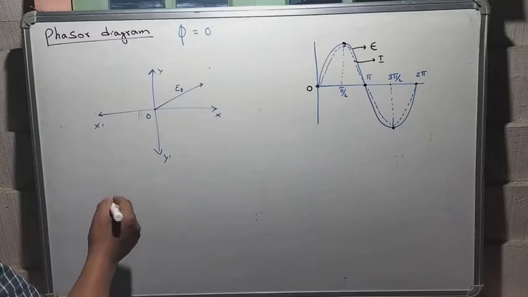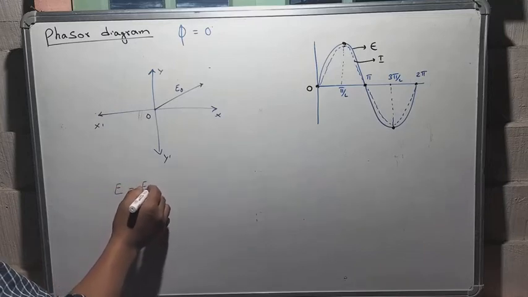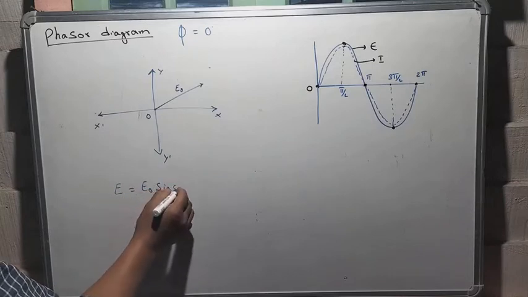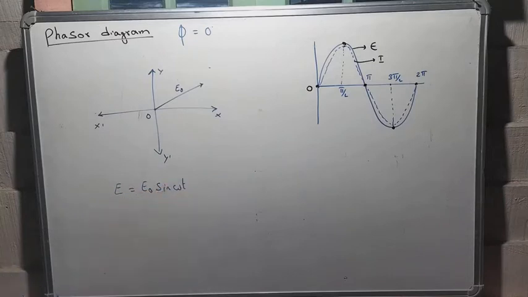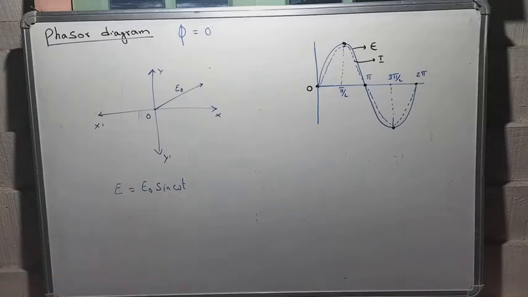So we know that the value of the EMF at any instant of time is given by E equals E0 sine omega t, where omega stands for the angular frequency of the alternating EMF, and E0 stands for the maximum value of the alternating EMF.